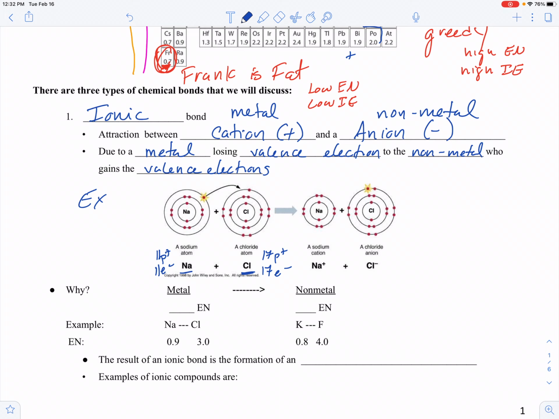And what ends up happening is that the valence shell for sodium ends up with just 1 valence electron. Chlorine, on the other hand, has 7 valence electrons. So chlorine wants to gain 1 more, and sodium actually wants to lose 1. So sodium's going to give up that valence electron to chlorine.